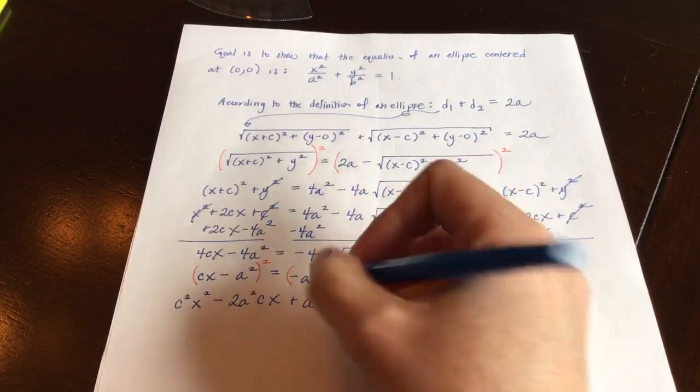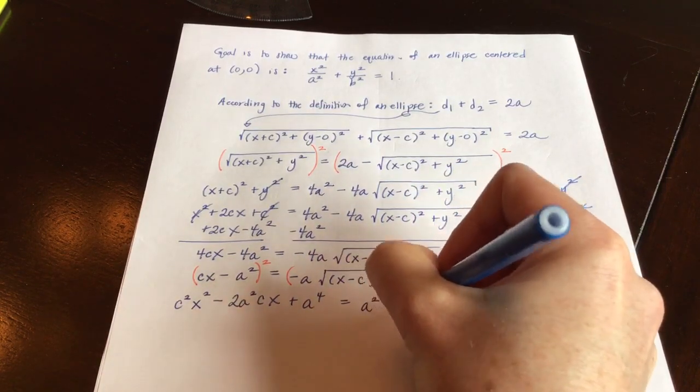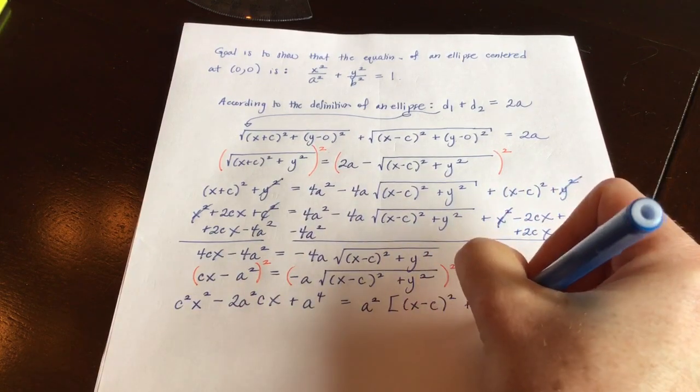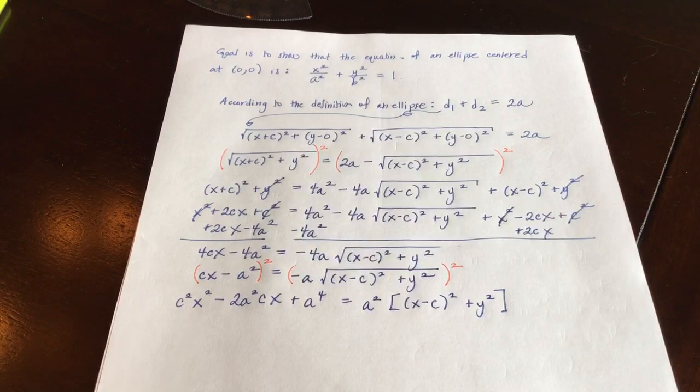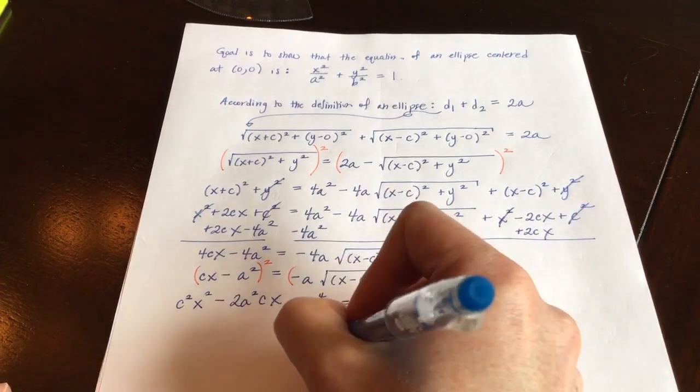All right, let's square the right side. We'd have a squared times the quantity x minus c squared plus y squared. On the right side, it's time to expand the x minus c squared.